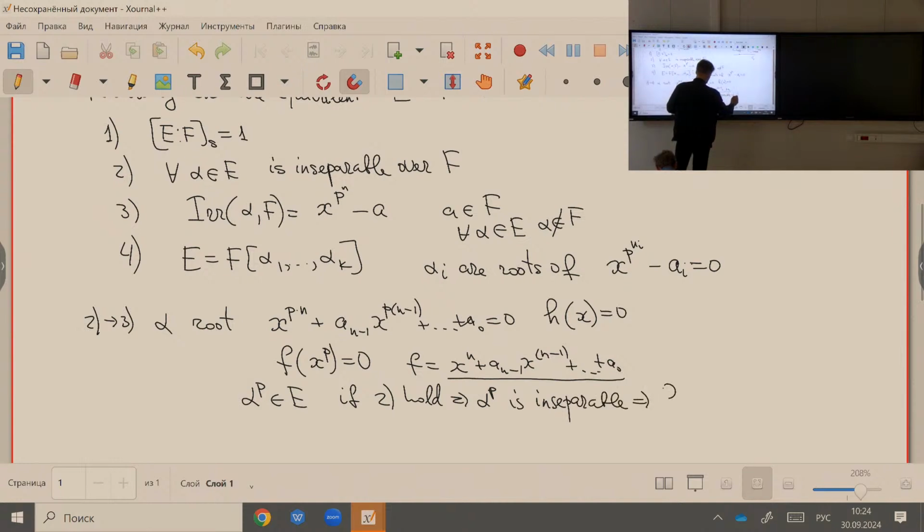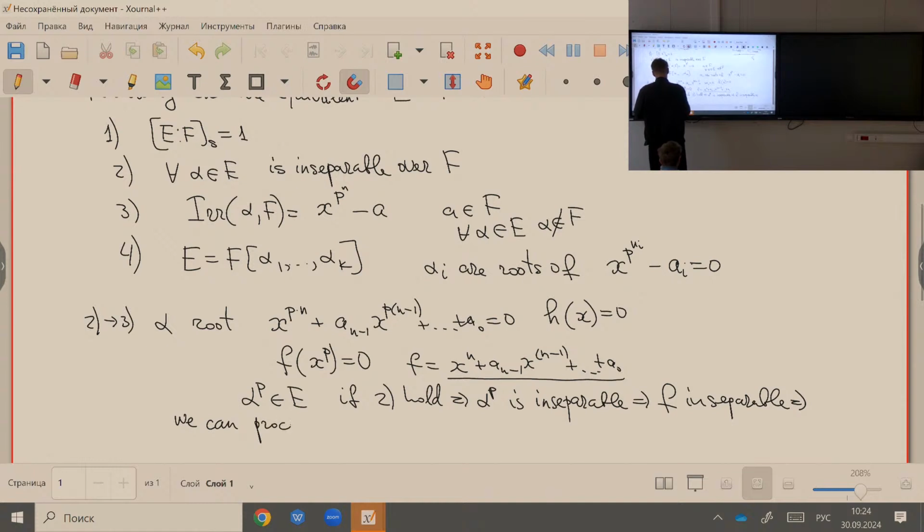So f is inseparable. Then we can proceed. And maybe other options should be put as an exercise.